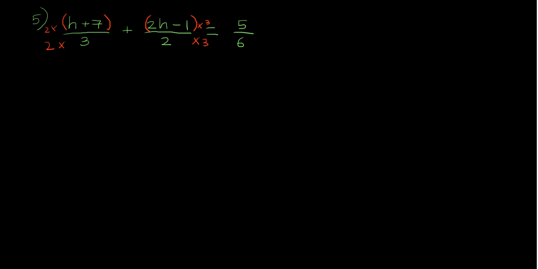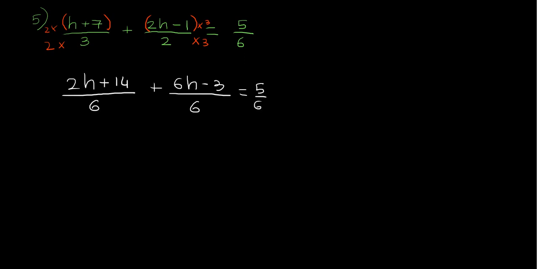So this will be, let's change the color to white, (2h plus 14) over 6 plus (6h minus 3) over 6 is equal to 5 over 6.